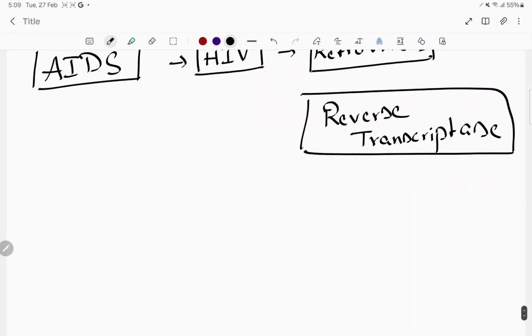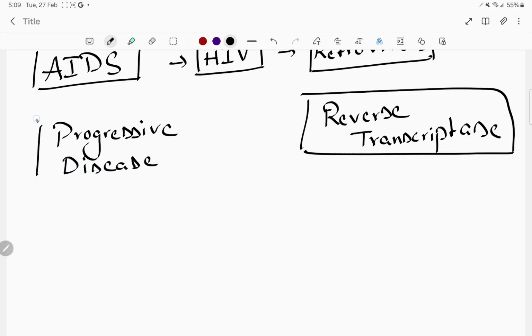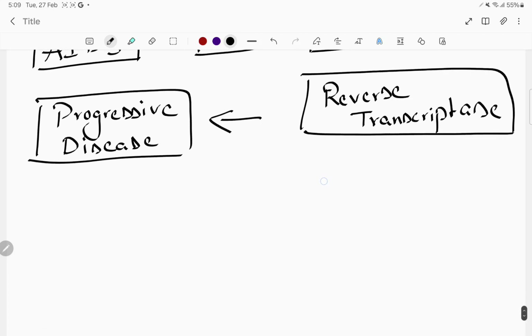HIV is actually a progressive disease. Remember this, it is a progressive disease. It will decrease the T helper cells.